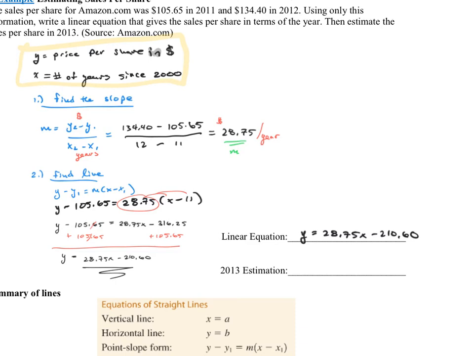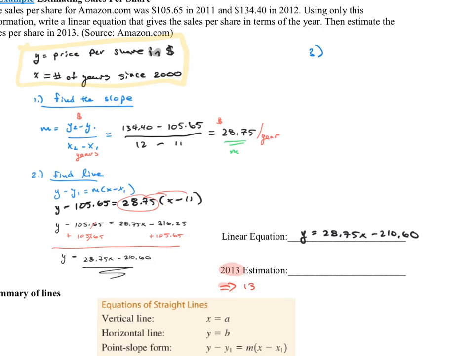Now let's look at the second part of this problem. The second part of the problem wants the 2013 estimation. And remember, 2013, since that's the year, what we want to use is the number of years since 2000. So 2013 is 13 years after the year 2000. So what we're going to be doing is plugging in 13.